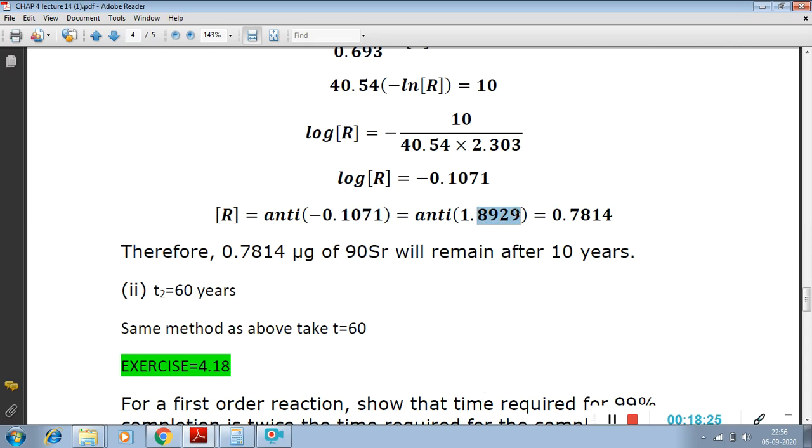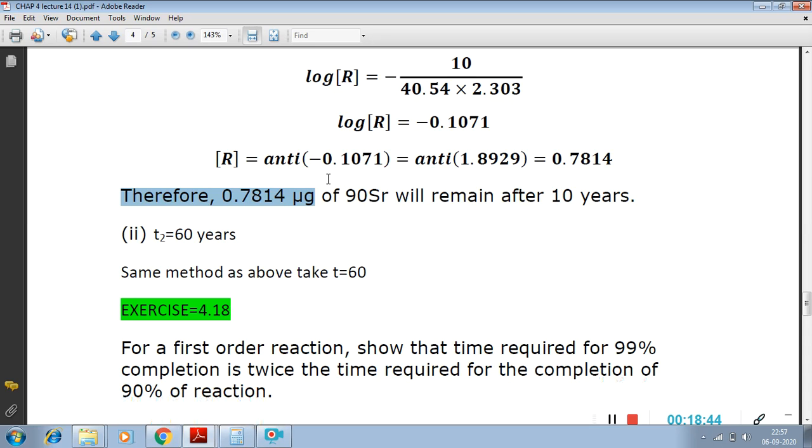It will be 0.7814. So after 10 years, 0.7814 microgram of strontium-90 will remain in the body of that baby.